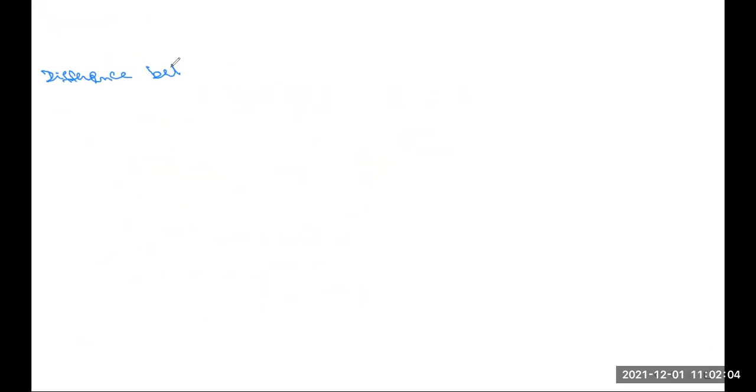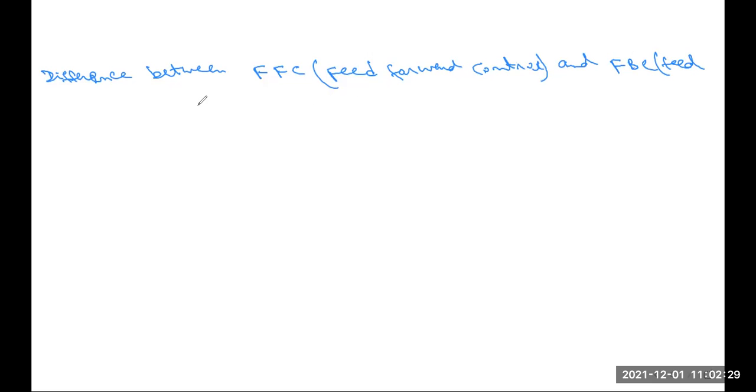Difference between FFC, that means feed forward control, and FBC, that means feedback control.